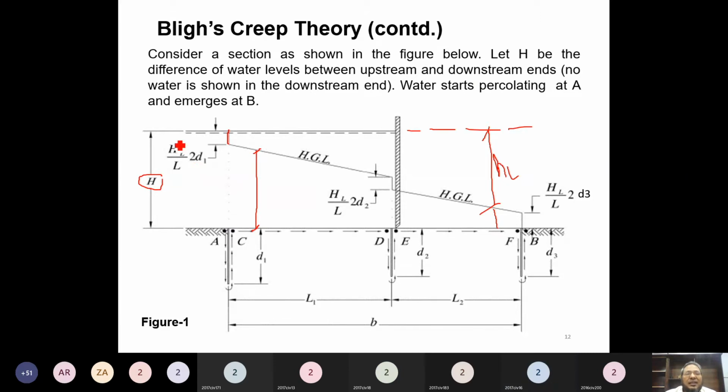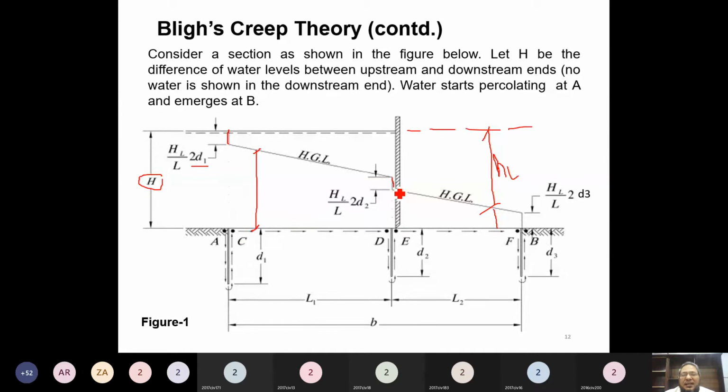कैसे? HL over L is the hydraulic gradient into this length. D1 is the length of the sheet pile. तो कितना total creep length हो गई of this sheet pile? Twice of D1. So HL over L into 2D1 would be this head loss. Okay, then there would be head loss when the water moves horizontally.